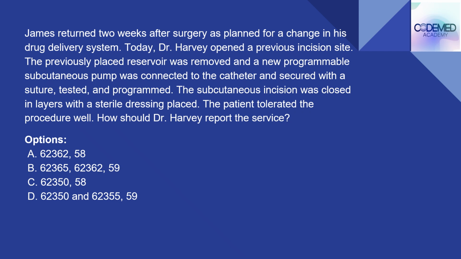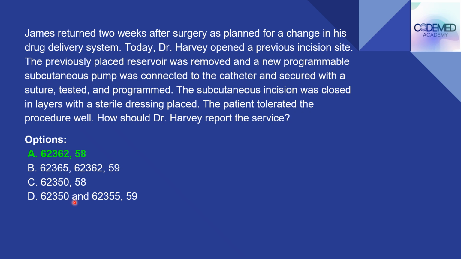Remember, whenever it is a drug delivery system, we have to pay attention to whether they have a separate code for the removal and the replacement, or whenever the replacement happens, the removal code is included in that. So kindly go through all those codes and tell me what is the correct answer. So yes, A is the correct answer, and remember, it is a staged procedure which was very clearly planned, the change in the drug delivery system having been clearly mentioned.